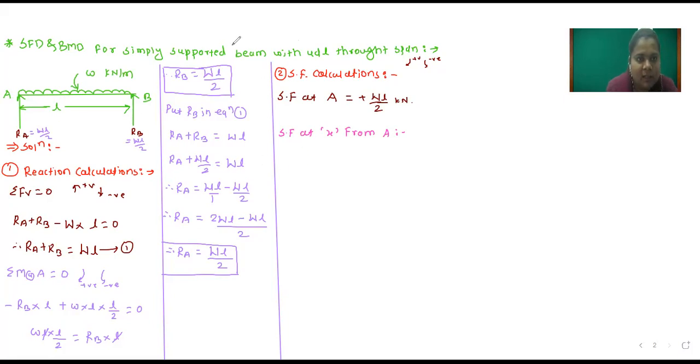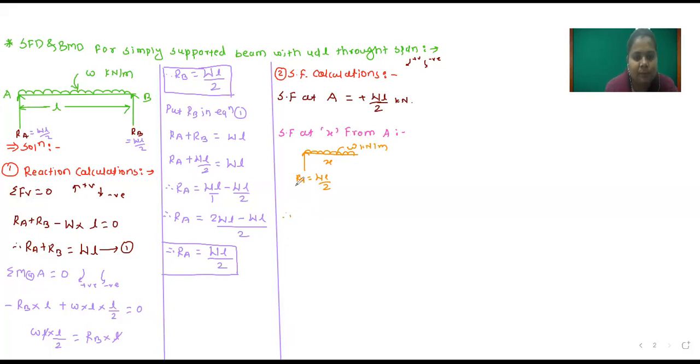So our figure is like this for this particular case. We have taken a section here, this distance is X, and this is RA. RA value is WL divided by 2, and here the UDL is applied, and the intensity of the uniformly distributed load is W kilonewton per meter.